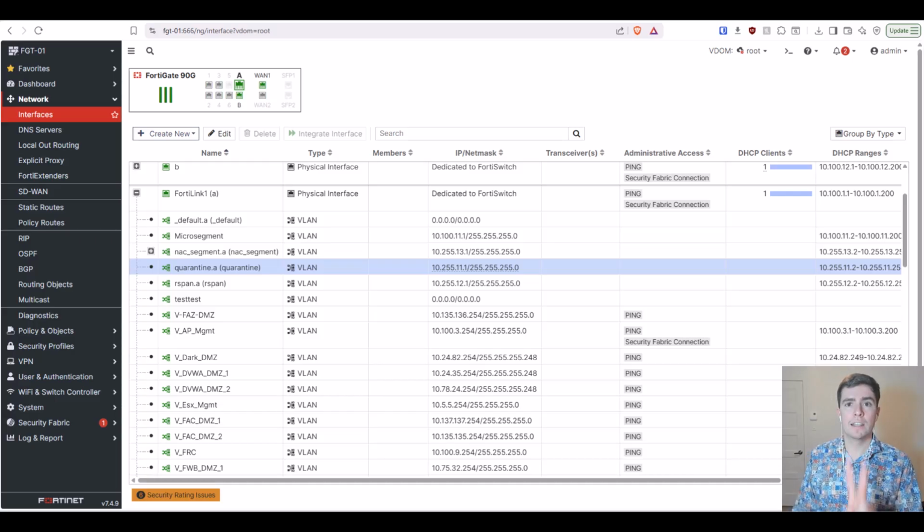But the second advantage, which I really like, is that when you isolate your servers in individual VLANs, all of the traffic has to go back up to the firewall to get processed.